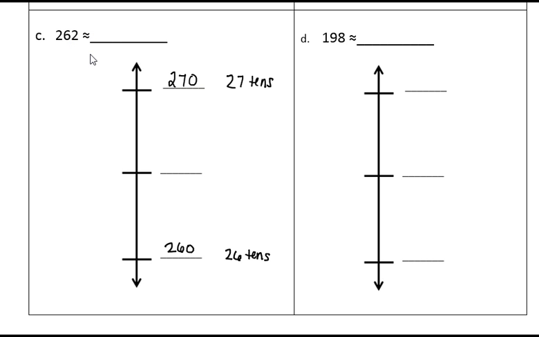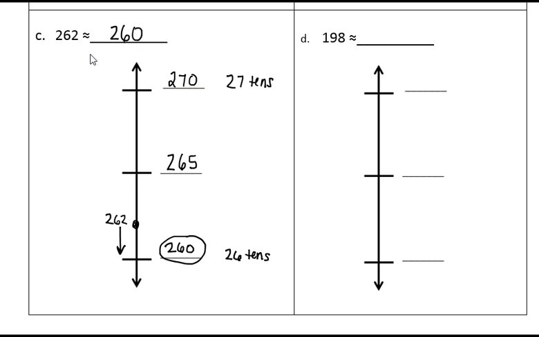The midpoint between 260 and 270 is 265. Now let's place 262 on the number line, about here. Since it falls below the midpoint, we will round it down. 262 rounded to the nearest 10 is 260.